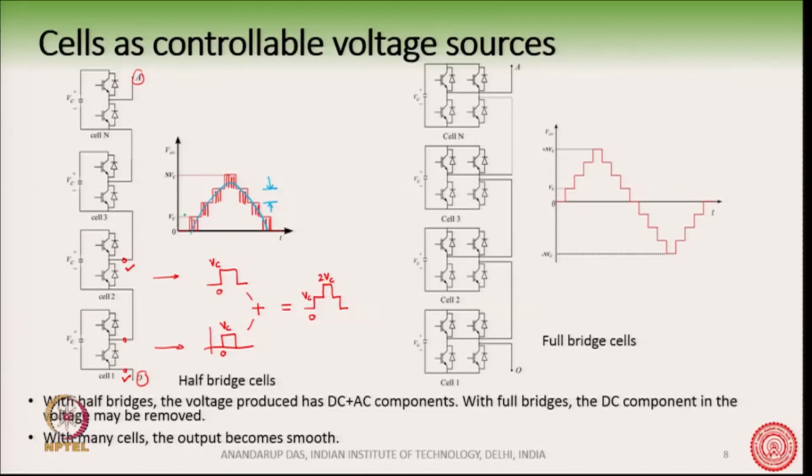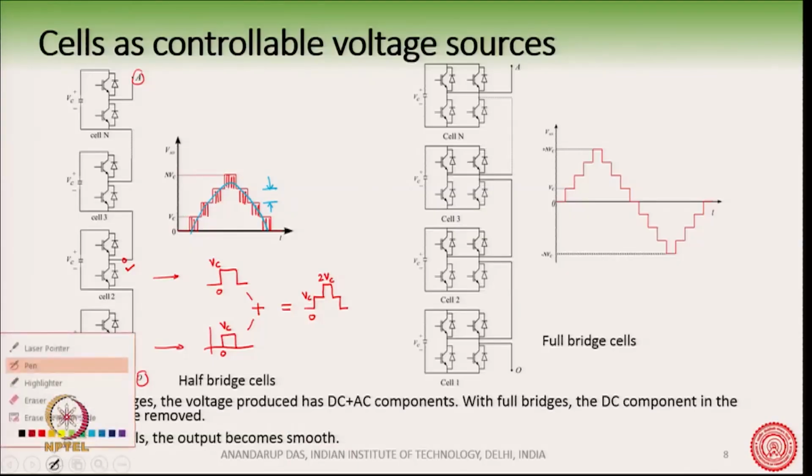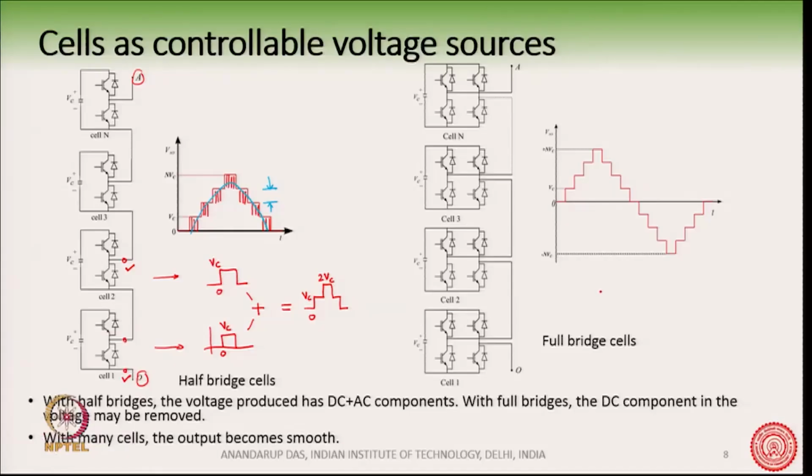On the other hand, if we see the full bridge, as we have earlier said, full bridge can have 3 levels of voltage, that is 0, plus Vc and minus Vc for each cell. So, suppose this cell produces this voltage here, this cell here can produce the same voltage independent of the first one.